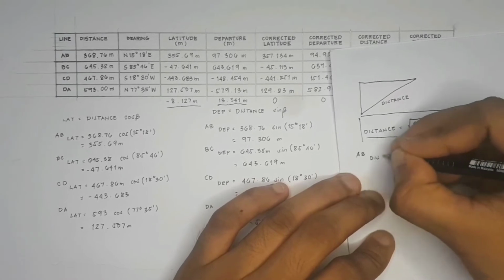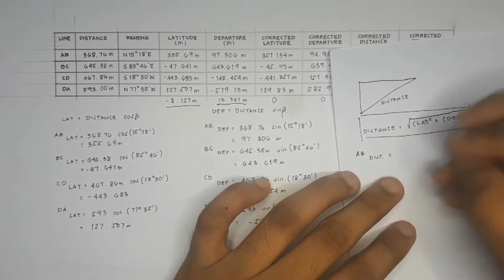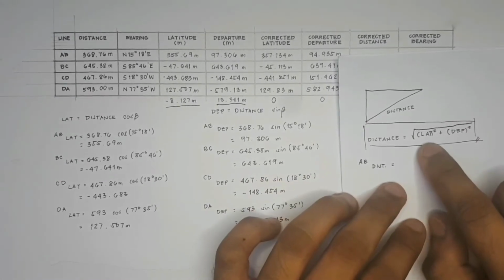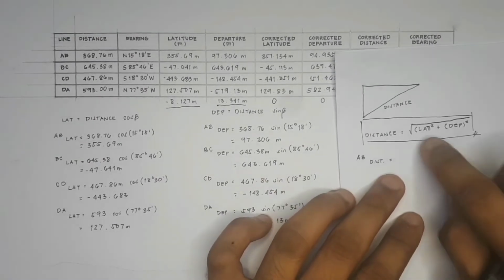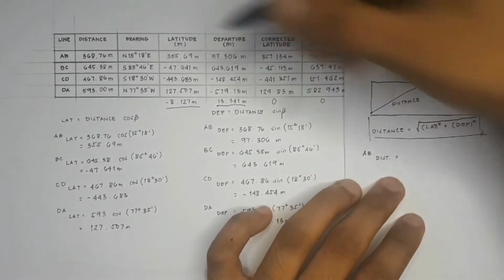so distance is equal to the square root of latitude AB.